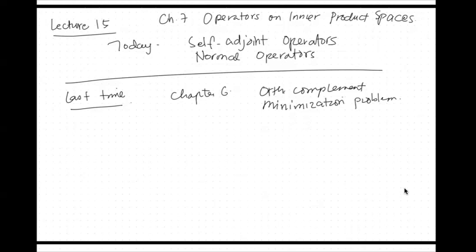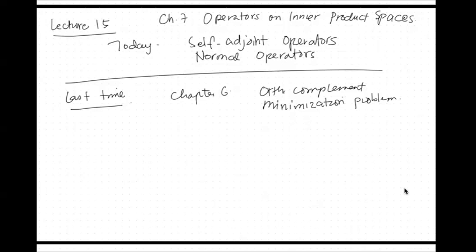Anyway, today we will start chapter 7 of Axler's book. In chapter 7, we have the following keywords: the adjoint, normal, self-adjoint, spectral theorem, isometries.